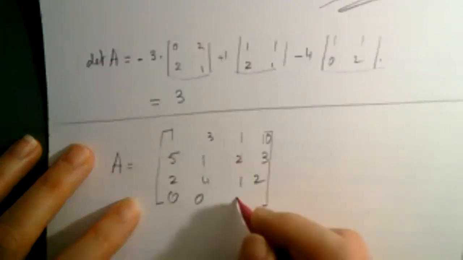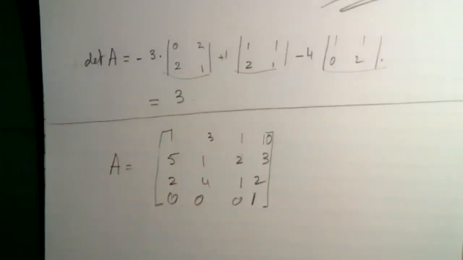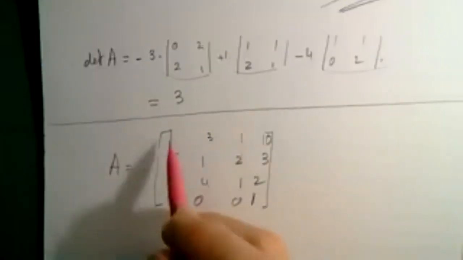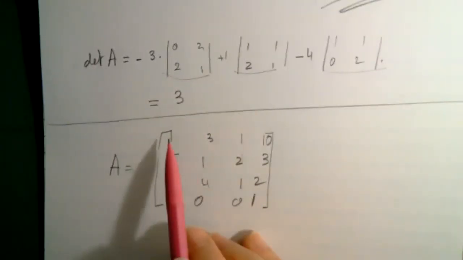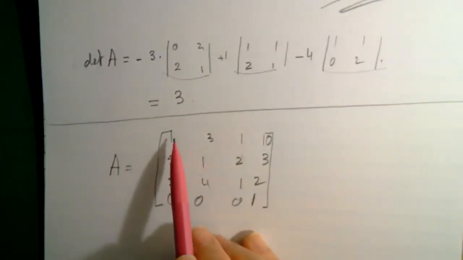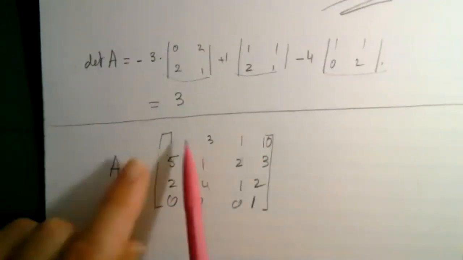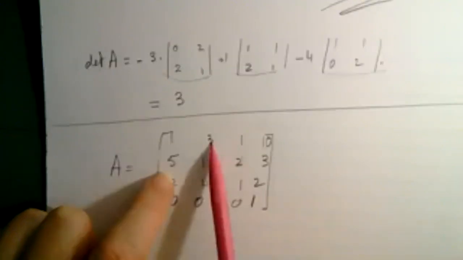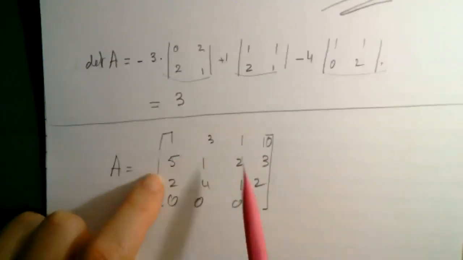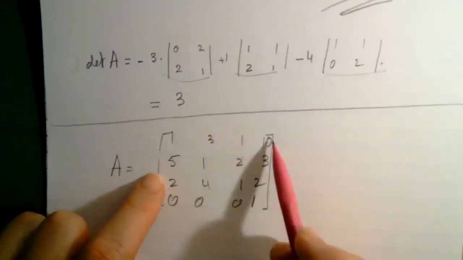And I tell you compute the determinant. If I use the original definition, it means I will have 3 by 3 determinants to compute, because I have to do 1 times this minus 3 times the rest plus 1 minus 10.